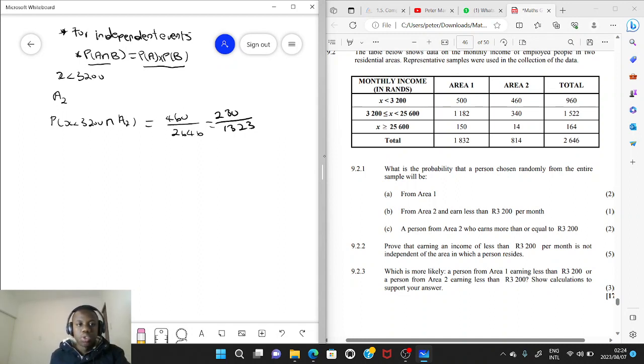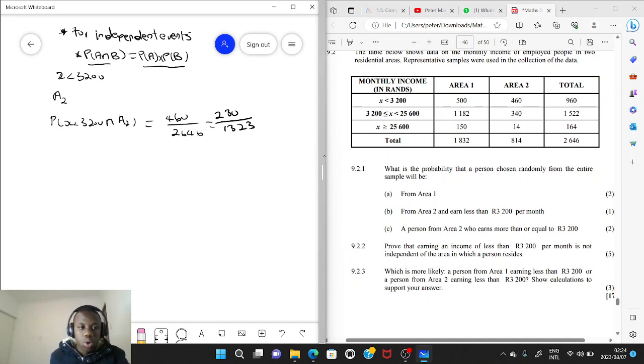What do I do? A is independent on its own, the probability of A, and B is an event on its own, right? So now I'll determine the probability of all people who earn less than 3.2, irrespective of the place that they reside.